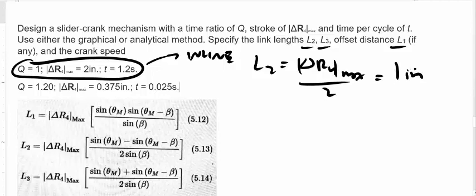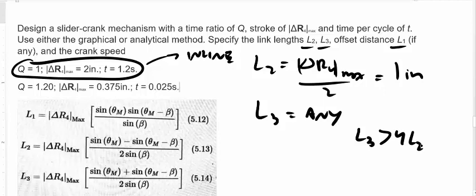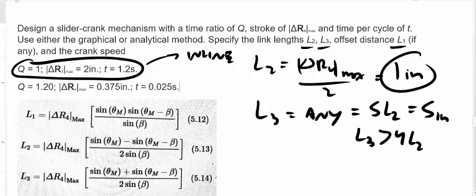That's easy. So L2 is 1 inch. Now L3 really could be anything that you want as long as L3 is bigger than 4 L2. So since L2 is 1, let's just say 5 L2, that would make L3 5 inches.